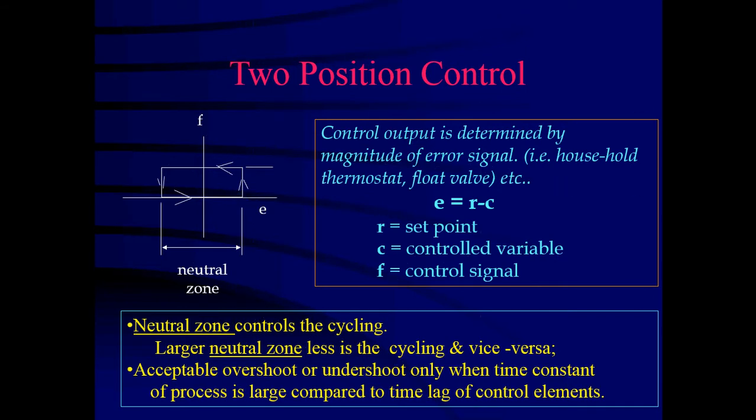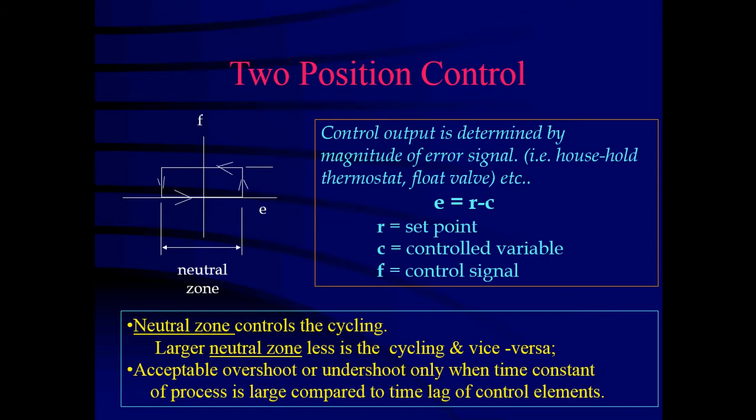Now let's talk a little bit about the two-position control system. There is always some neutral zone between what the system is going to do and the action. For example, if you set the thermostat in this room to 72 degrees, you have the measure of the temperature in a thermometer that, depending on how the system is built, may require to go just a small amount over 72, and then it turns the air conditioning on.